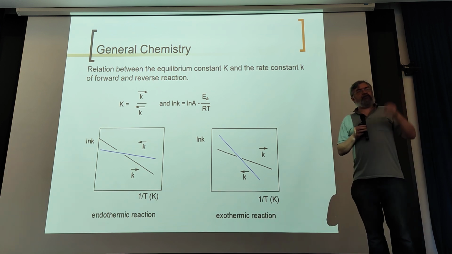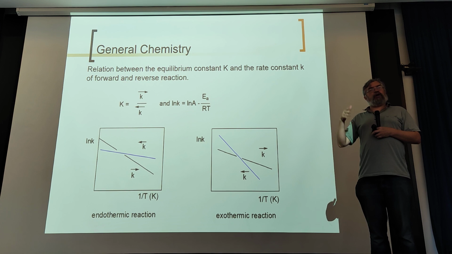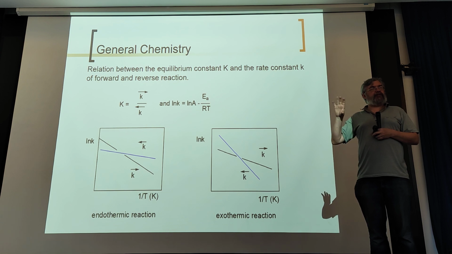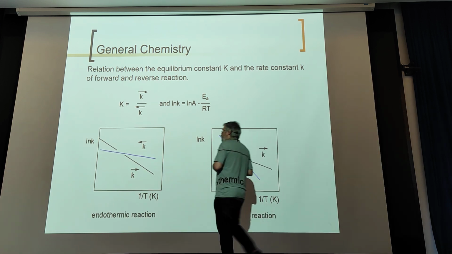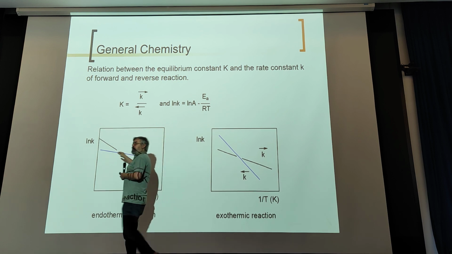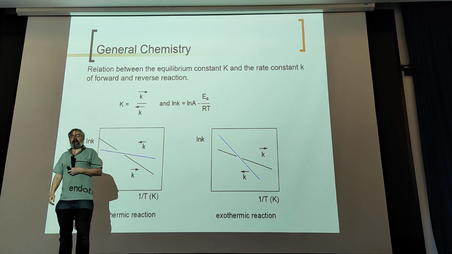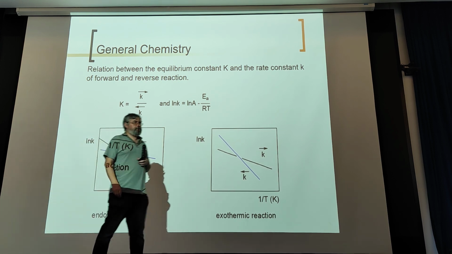And you have to imagine the graph of delta G versus reaction coordinate, and you will see indeed the activation energy is larger for the reaction up than for the reaction down. So this is the reaction that is winning, especially at higher temperature.